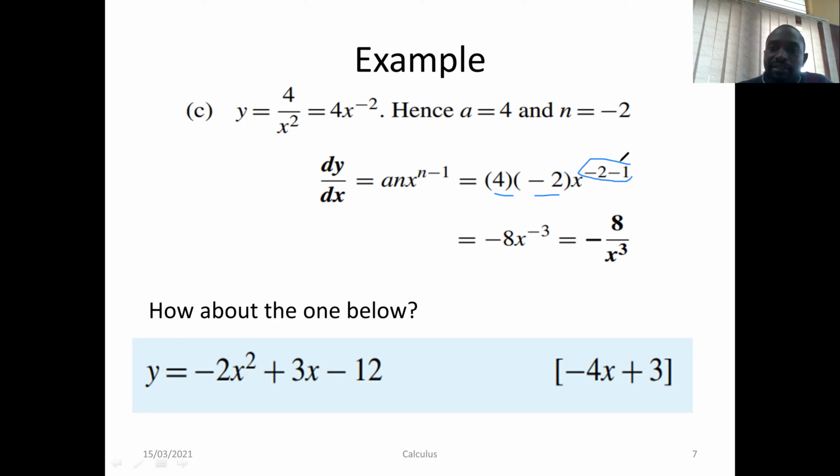This part now reduces to minus 3. And then 4 times negative 2, you have minus 8, and then multiplied by x, which is then simplified to give minus 8 over x to the power 3 as a negative answer.